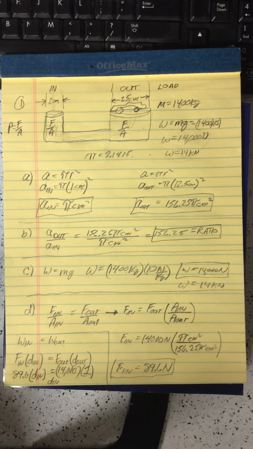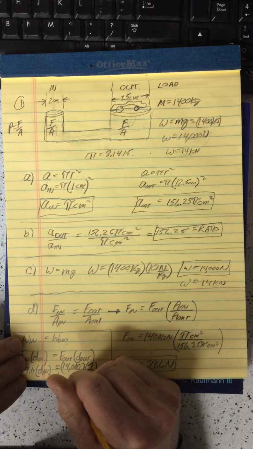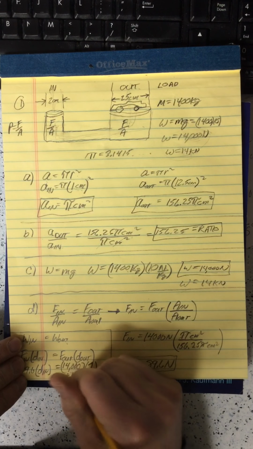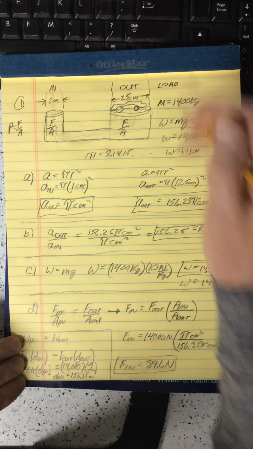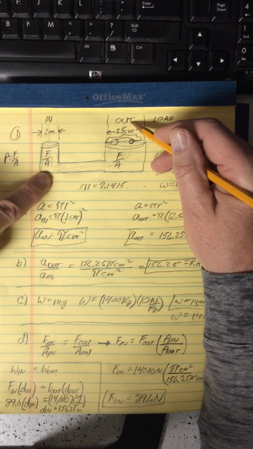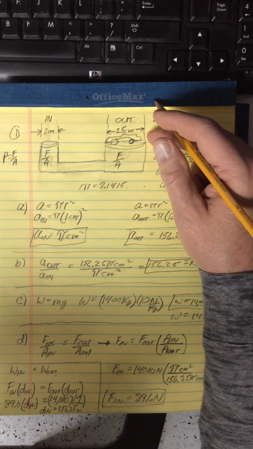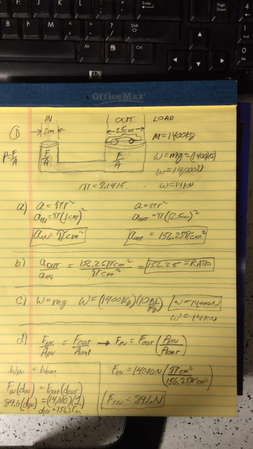I'm going to do that on a calculator. 14,000 divided by 89.6 equals 156.25. That number sounds familiar. Oh, right, that's the ratio, of course. So to lift this car 1 meter, you have to push in 156.25 meters. Is it worth it? Do you have the room? Real world problems. Okay, so that's question number 1.